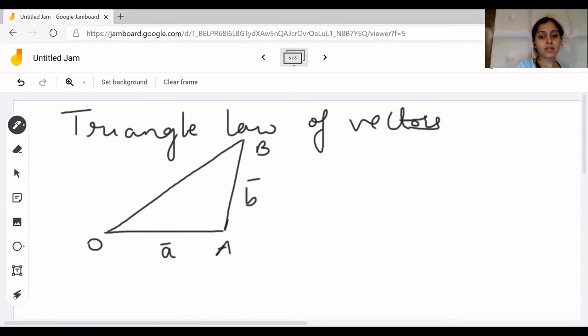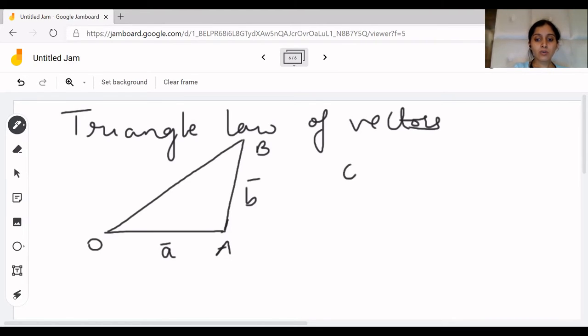Then the triangle law of addition of vectors says that if a bar and b bar are two non-zero vectors represented by OA bar and AB bar, then the vector OB is said to represent the sum of the vectors a and b.